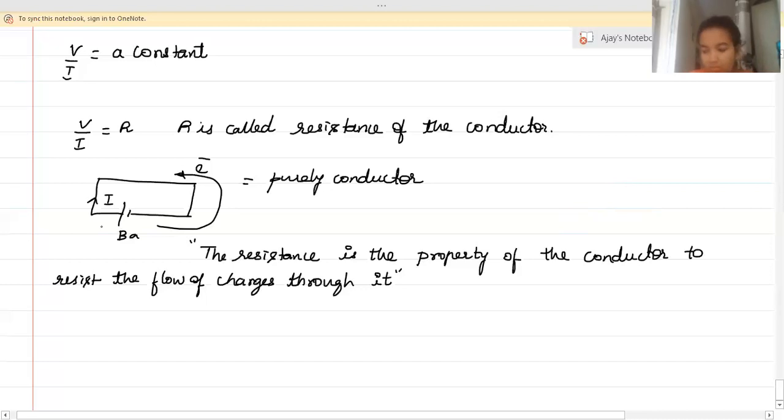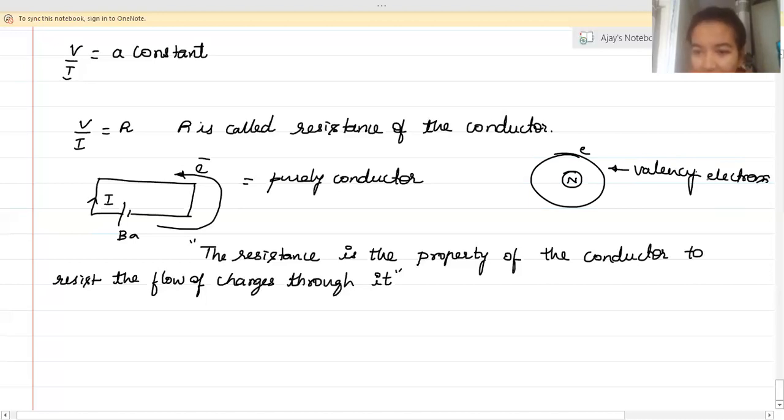Now just look at the screen. The resistance is nothing but the property of the conductor to resist the flow of charges. You already know that in conductors, the electrons revolve around the nucleus. In the valency shell, you know valence electrons, right?